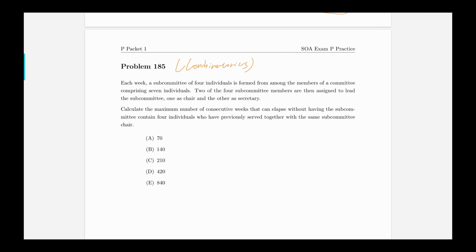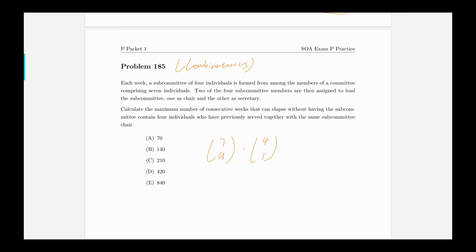And out of the 4, I want to switch the chair so that there will be no repetition, right? So basically, this is going to be 7 choose 4 times 4 choose 1.